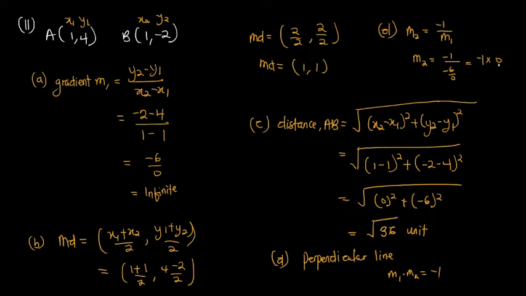If you interchange here, it becomes 0 on -6, and -1 multiplied by 0 divided by any number is 0. So -1 multiplied by 0 is 0. So the gradient m2, or the gradient of the line perpendicular to the line AB, is 0, but the gradient of the line AB itself is infinite.